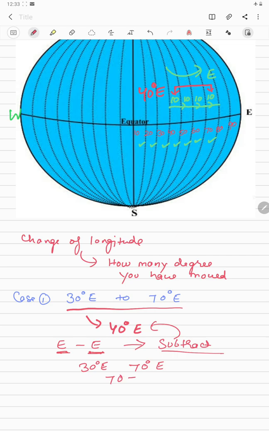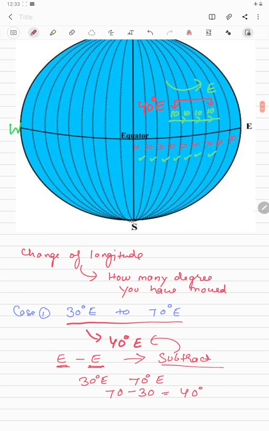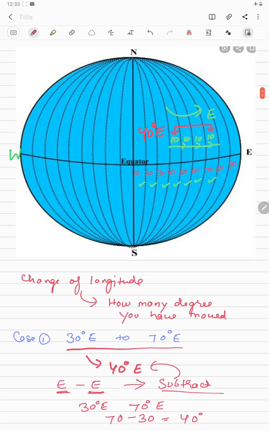So 70 minus 30 will be your 40 degree. And how to get the direction? It's a simple logic: if you're moving from 30 to the 70 degree east longitude, you are moving in the easterly direction. If I move in this direction, this will be my westerly direction.